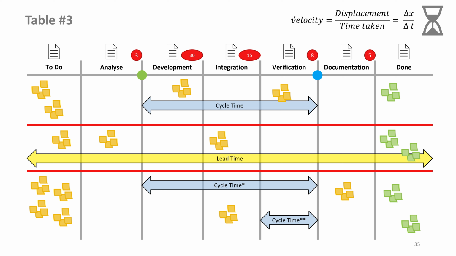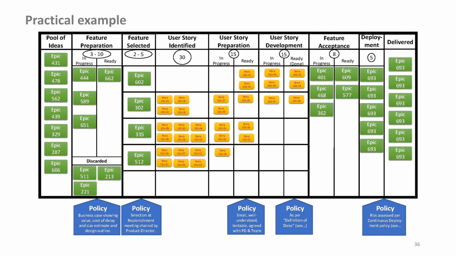Lead time is the moment when the customer's request appears on a node up to the point at the very end where it has to be accepted, delivered, and no further work has to be done. Here you can see an example of a Kanban table from practice.